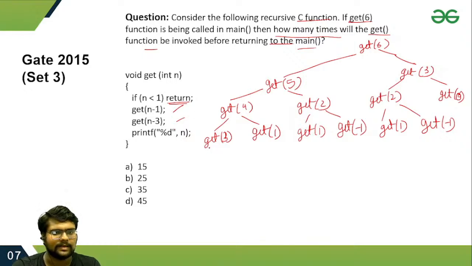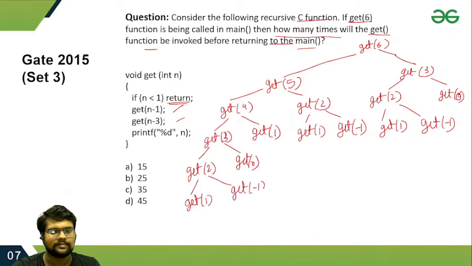Then we have get of 3 which calls get of 2 and get of 0. So get of 0 will not call anything, but get of 2 will call get of 1 and get of minus 1. And get of 1 will call get of 0, and get of 1 minus 3 will be minus 2. Okay. Here also get of 0 will be called, and then get of minus 2 will be called.